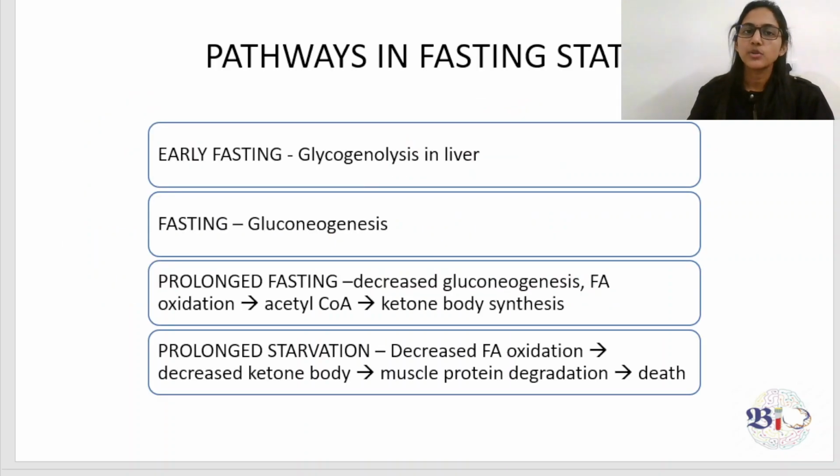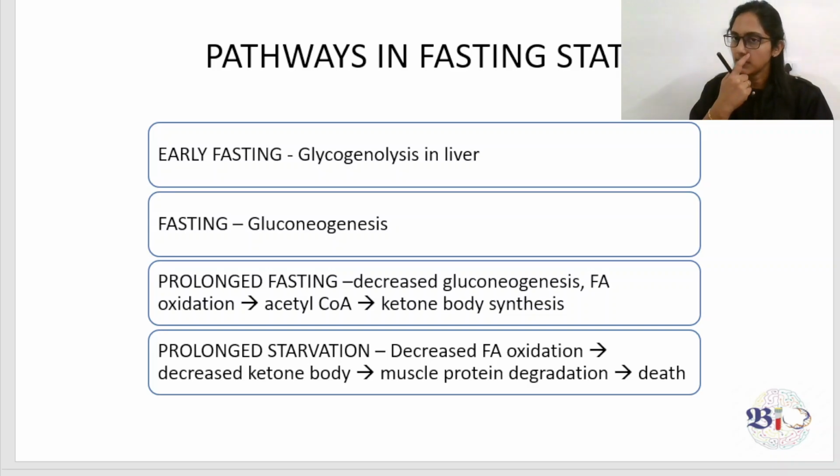So these are the four phases of fasting state. Now the pathways which are active in the fasting state. So in the well-fed state, we have an adequate amount of nutrients, your glucose, amino acids, and fat. But here in fasting state, we do not have an adequate amount of nutrients, where glucose is a major fuel. So the first thing which we would try to replenish is glucose, by regulating the blood glucose level.